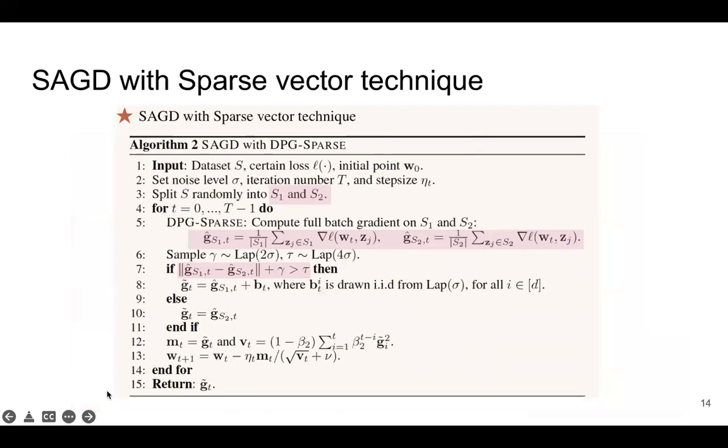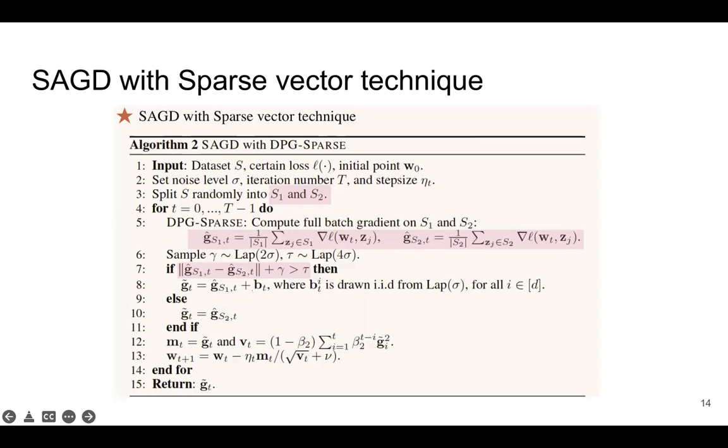The difference is in this part. They first split the training data into two parts, and in each step they compute the batch gradient over these two data sets, and then they have a new option here, from 7 to 10. Step 7 is trying to check whether the difference between these two gradients is large enough or not.